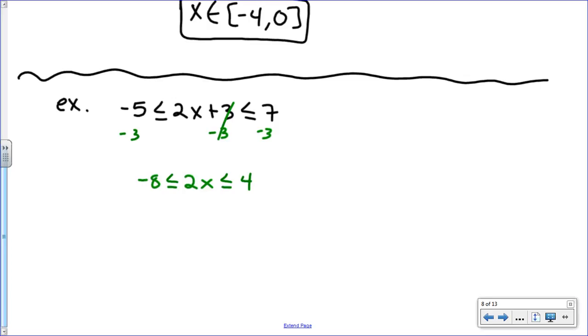Then what do I get to do? Divide by 2. And again, all three sides have to be divided by 2. Okay. So you have x is between negative 2 and 4. So expose brackets.